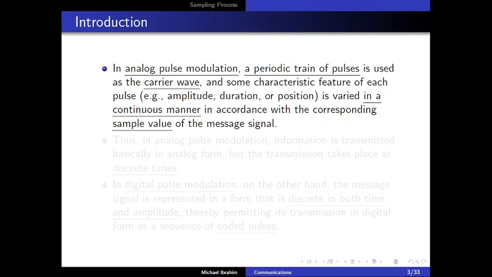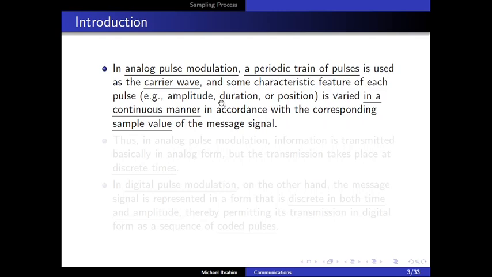So basically, the train of pulses has three features or characteristics: the amplitude, the duration of the pulse, and the position of the pulse. So we sample the message m(t), transform it into a discrete time signal, and then we use the sample values to control the amplitude. In this case, it's called pulse amplitude modulation.